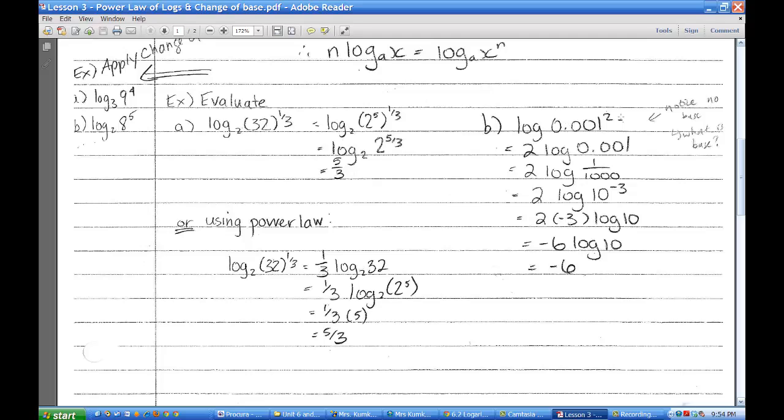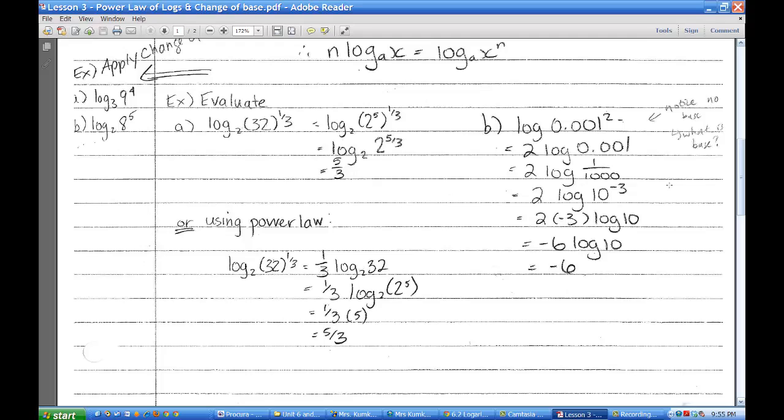Alright, let's look at log of 0.001 to the power of 2. Remember I told you before that when you work with decimals, try to turn them into a fraction. It makes your life easier very often. 2 goes from here to the front of the log. 2 log 0.001 turns into 2 log of 1/1000, right?